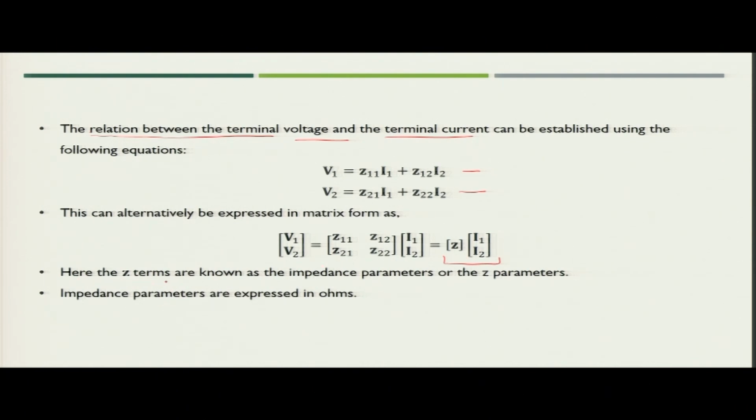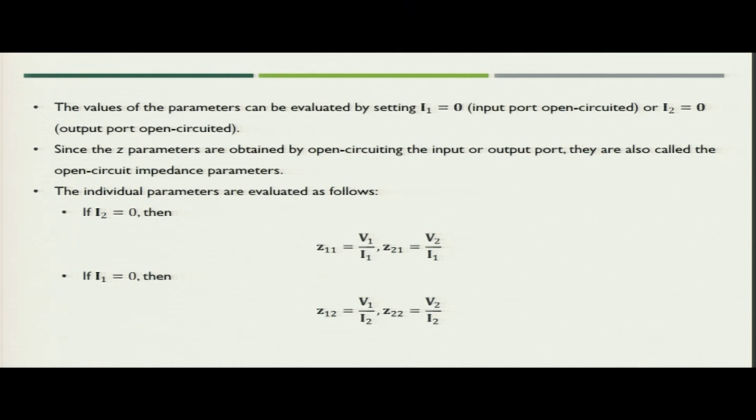The matrix in terms of Z is called impedance parameters, or you can also say the Z parameters. Since Z is an impedance parameter, it will be represented in ohms. Now, how will you calculate the value of the parameters? The values of the parameters can be calculated by setting either current I1 equal to 0 or current I2 equal to 0.